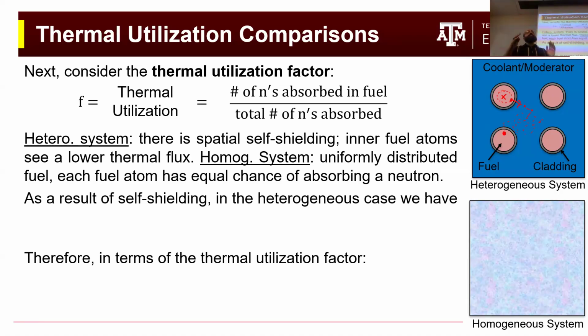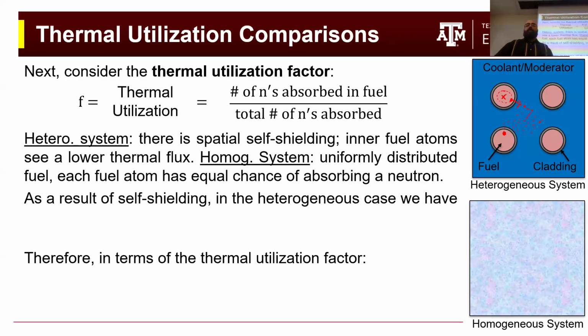So that's the picture of what's happening in the heterogeneous system. In the homogeneous system, the fuel is uniformly distributed everywhere. So any neutron moving around has an equal chance of seeing a fuel atom.